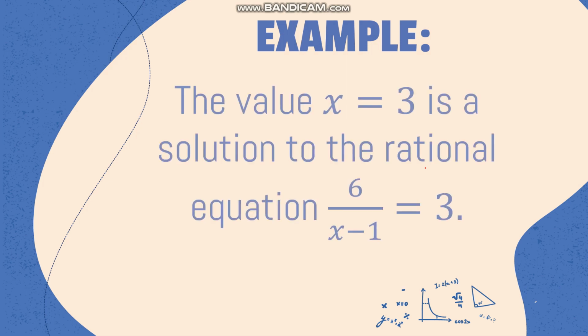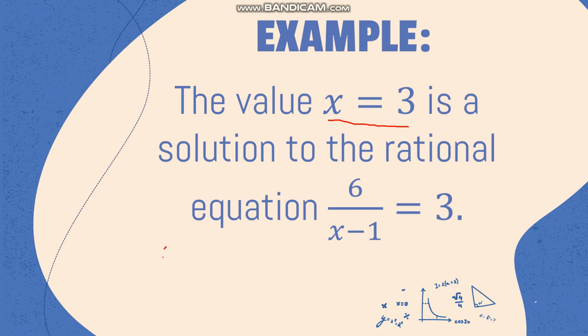For example, the value x equals 3 is a solution to the rational equation 6 over x minus 1 equals 3. Why is x equals 3 a solution to the given rational equation? Because once you substitute the value of x, which is 3, into the given equation, it should be true.